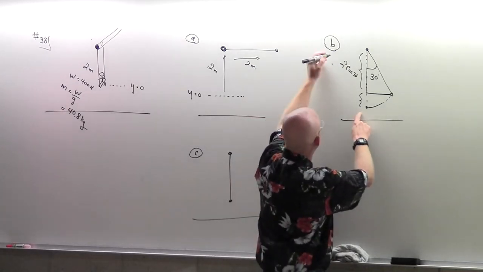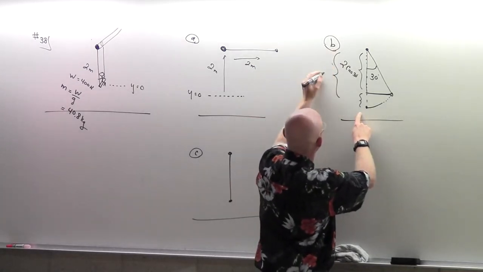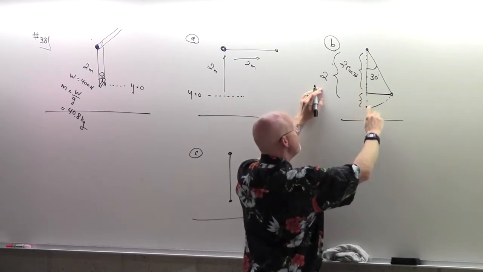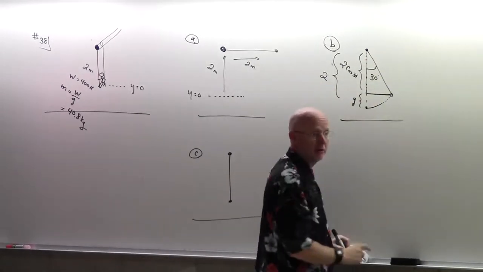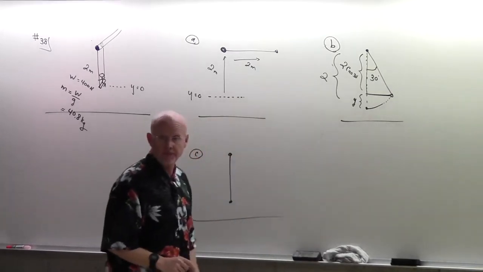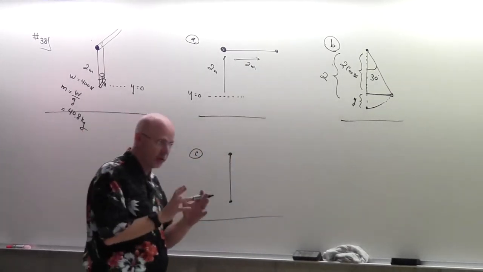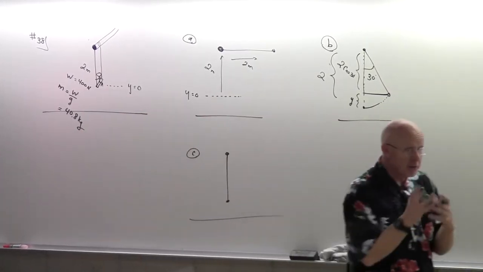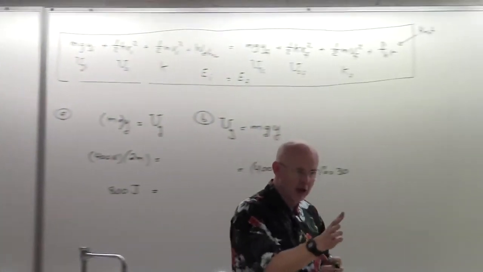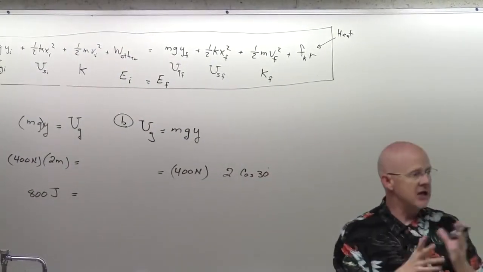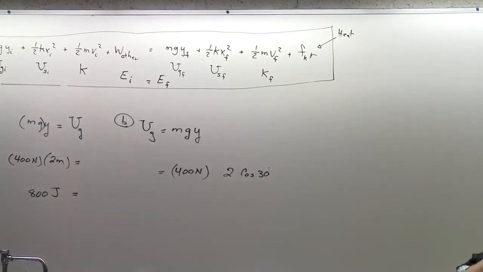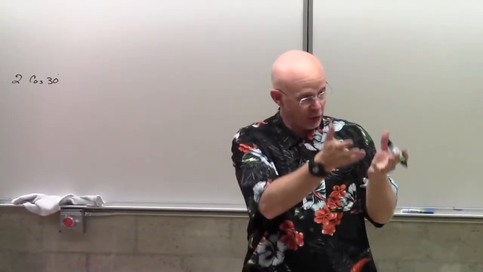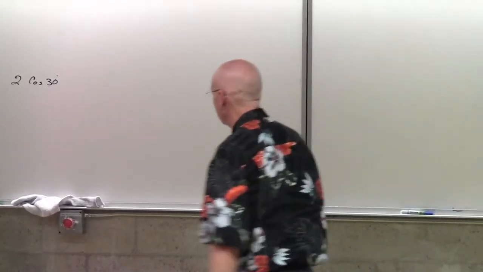And that piece would be the whole length, 2 meters, minus this length, which would give me my y. And so again, dealing with gravitational potential energy, it's not supposed to be hard. I'm trying to illustrate, you don't have to pay any attention to the horizontal motion. That's what's going to make it easy. You do have to pay attention to the vertical height, and then of course you have to do your geometry to make sure you're at the vertical height.